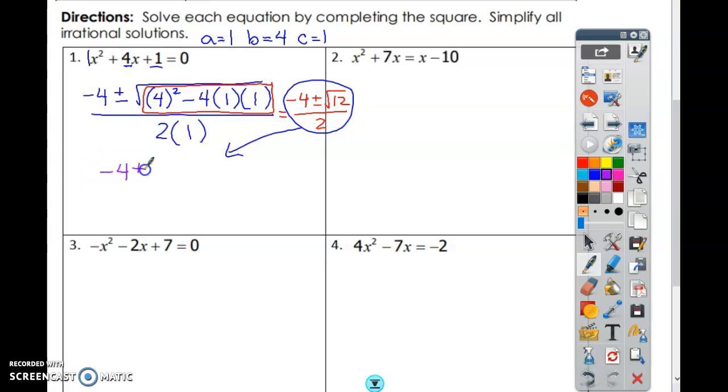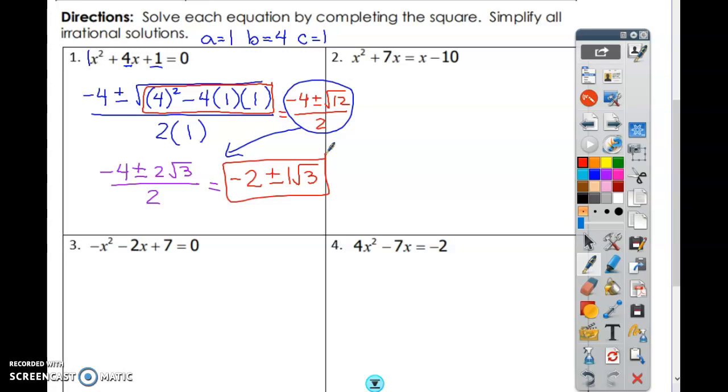Negative 4 plus or minus 2 square root of 3 all over 2. Well, this 2, I can divide this by 2, and I can divide this by 2. So when I divide, what's negative 4 divided by 2? In Desmos, negative 4 divided by 2? Negative 2. And what's 2 divided by 2? 1. So it's plus or minus 1 square root of 3. That's your final answer. Okay?